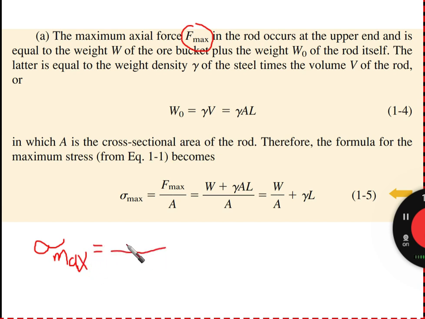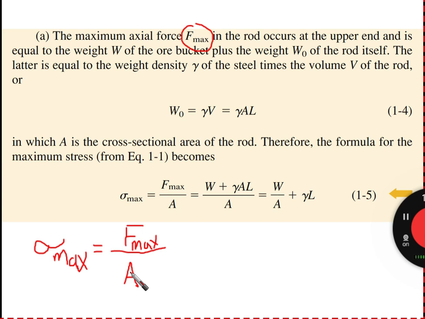If we go to equation 1-1 from the previous example, this means that we want to put something in the numerator, which is the force applied, over the area. In order to get the maximum of this fraction, we need to obtain the maximum in the numerator. This means that the force must be maximum. You're going to ask me, what about the area? Should we put maximum here? It's not relevant because A is constant.